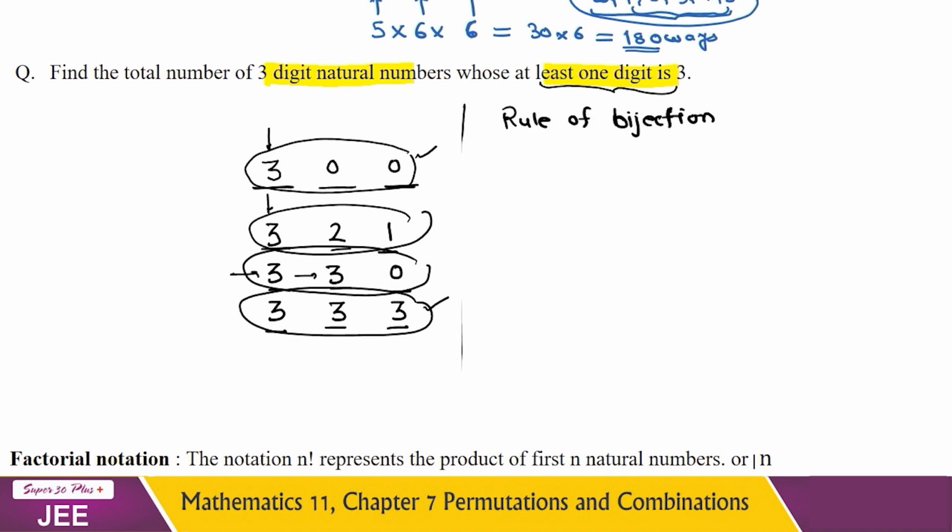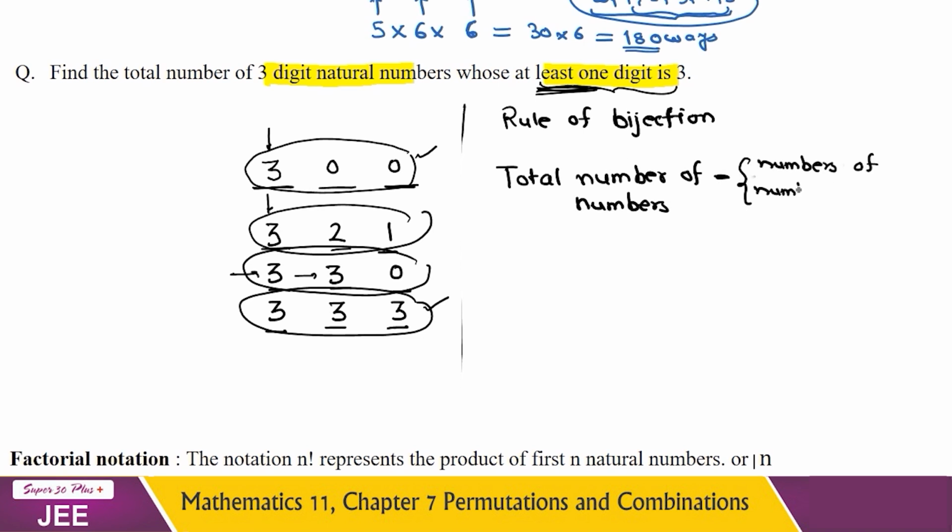Since we have been asked for a number in which 3 occurs at least once, let me calculate the total number of numbers, and then from these total number of numbers I am going to subtract the number of numbers not having 3 at any place.